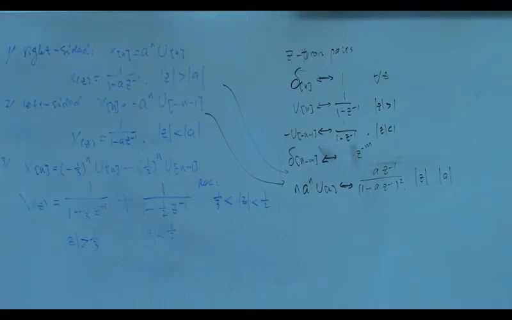Here is the conclusion. For a right-sided signal, the region of convergence is always outside the circle. For a left-sided signal, the region of convergence is always inside the circle. So this one will be greater than this, making it outside.